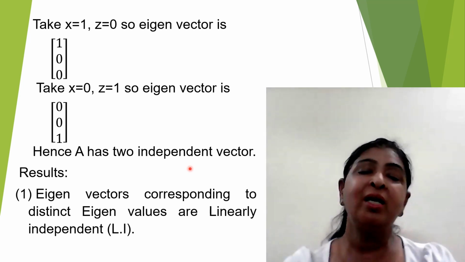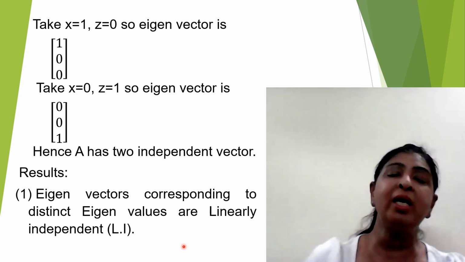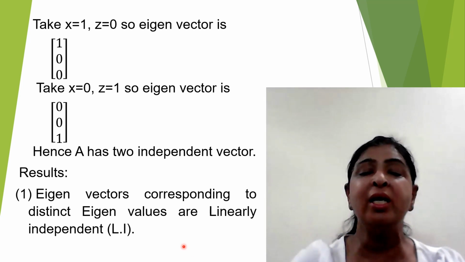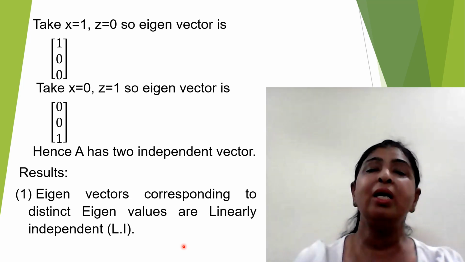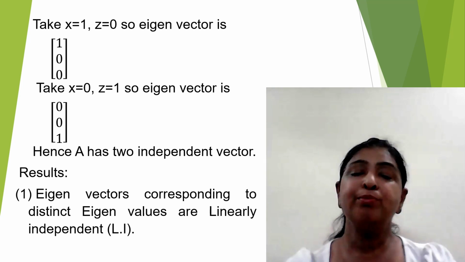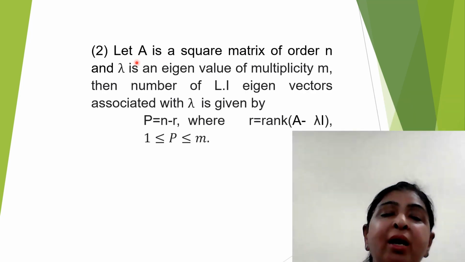One result is that eigenvectors corresponding to distinct eigenvalues are always linearly independent. So this is the result. If you have the values of lambda as 1, 2 and 3, then all three eigenvectors will be linearly independent. But let A be a square matrix of order n, and lambda be an eigenvalue of multiplicity m.